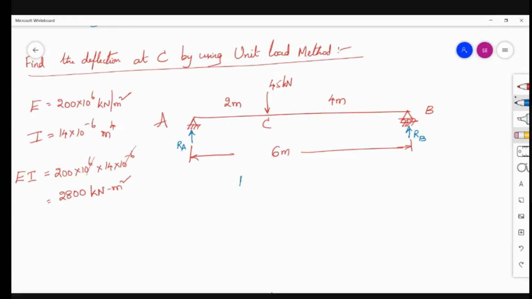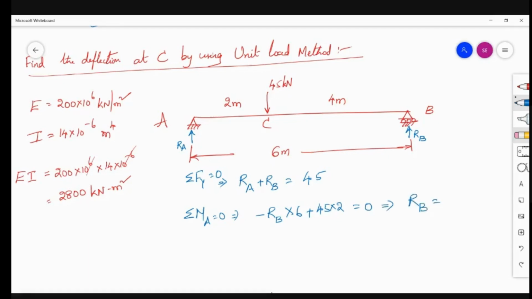Take sigma Fy equal to 0: RA plus RB equals 45 kilonewtons. Take sigma M about A equal to 0, taking anticlockwise as negative: minus RB into 6 plus 45 into 2 equals 0. This will give you the value of RB. Can anyone of you tell me the value of RB here?